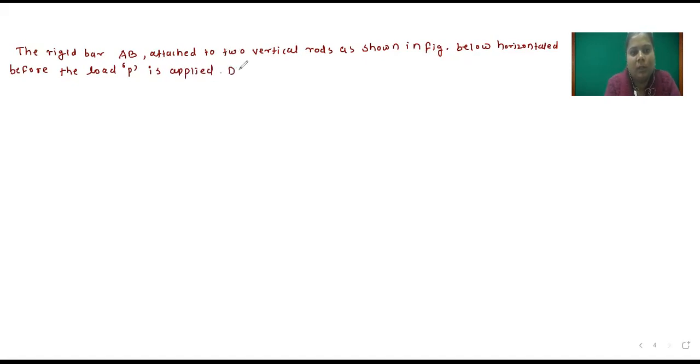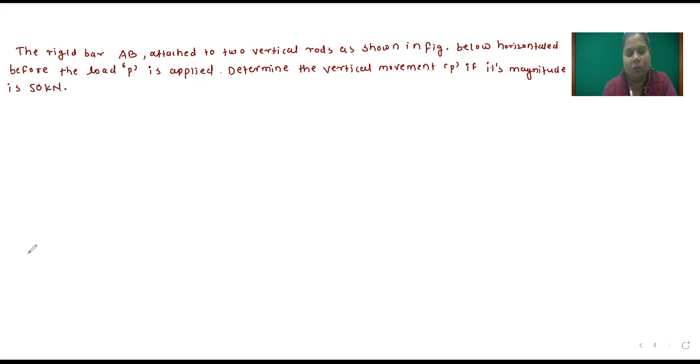Determine the vertical movement of P if its magnitude is 50 kilonewton.